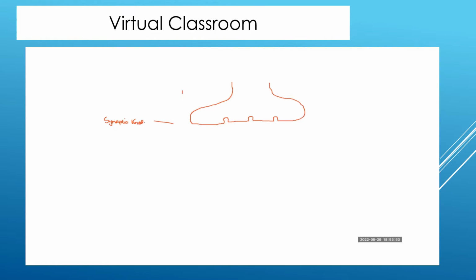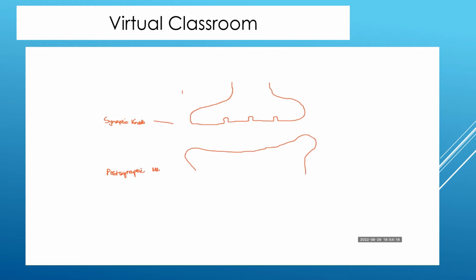This synaptic knob or the terminal button is a part of the presynaptic membrane. And here we have another neuron which is forming a synapse with this presynaptic terminal, and this is known by the name of postsynaptic membrane.